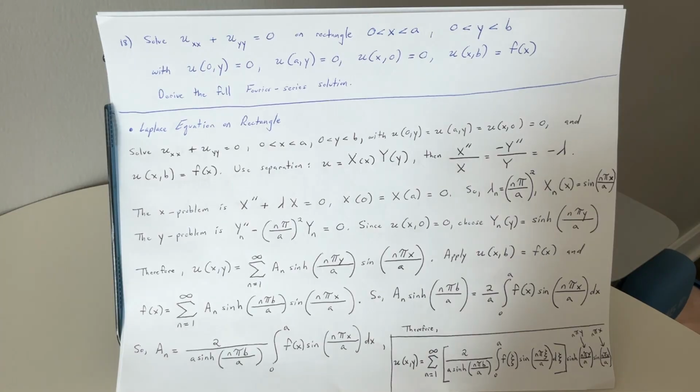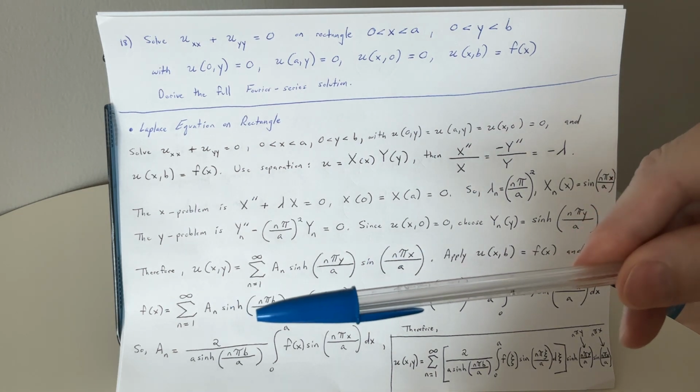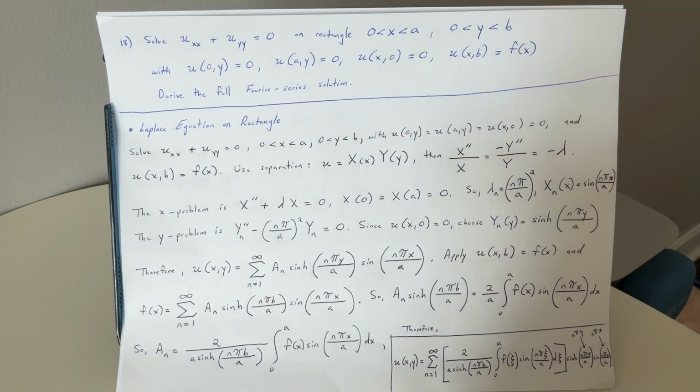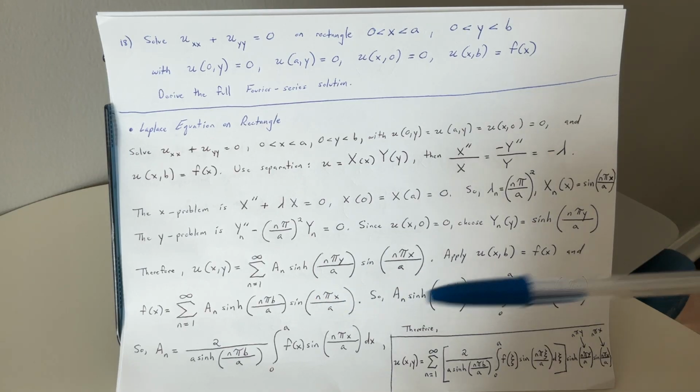So applying u of x comma b equals f of x, f of x equals this sum, n equals 1 to infinity, a sub n hyperbolic sine of n pi b over a, sine of n pi x over a.